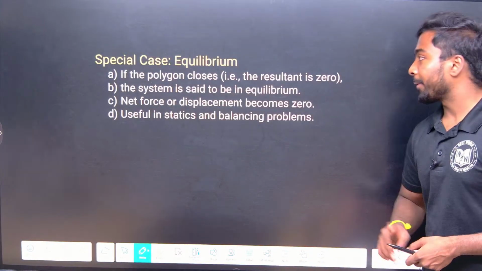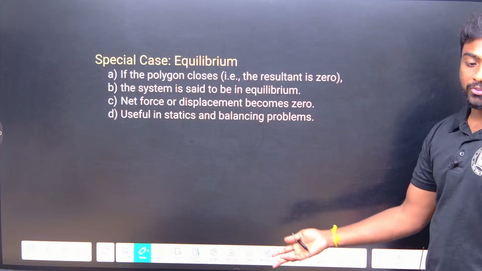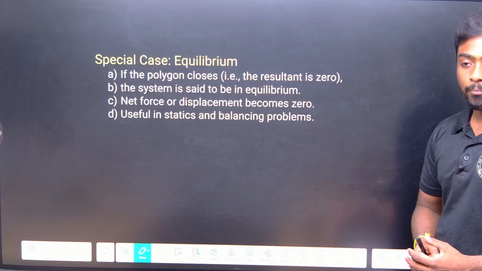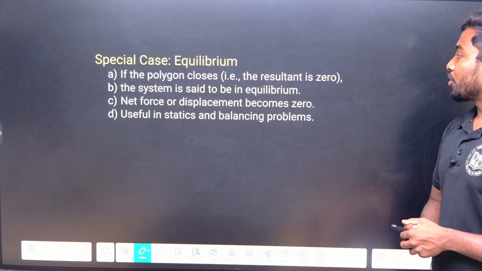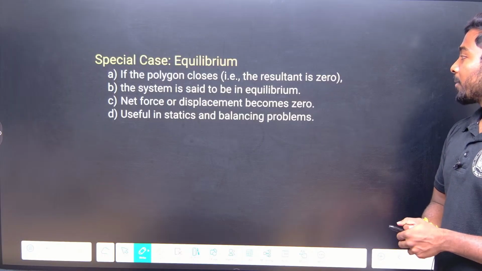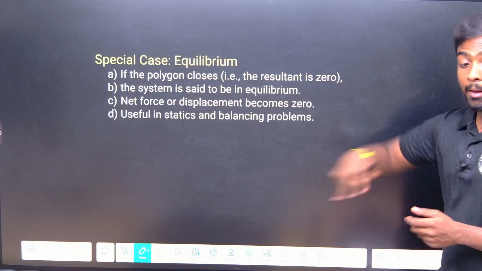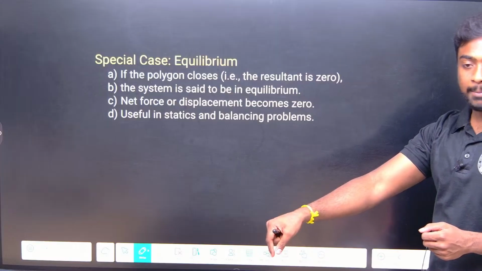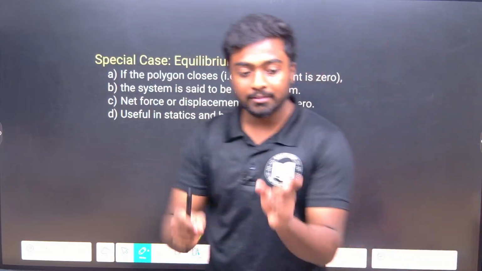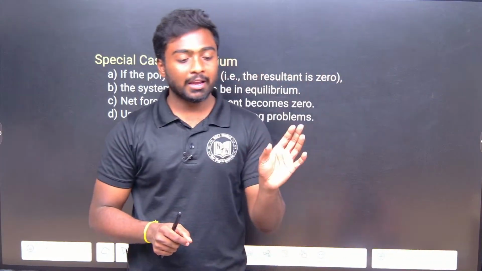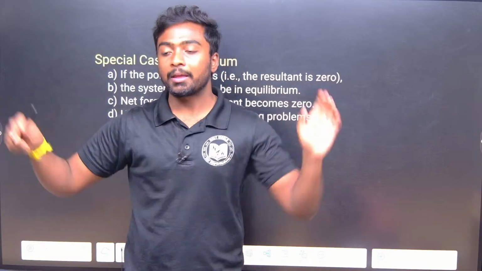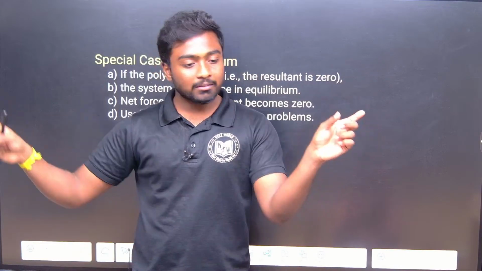Special cases, equilibrium condition. If the polygon is closed, that is the resultant is 0. Right now the system is said to be in equilibrium, net force or displacement becomes 0. I am coming to the same point, na. Displacement is nothing but the shortest path. Whether I am traveling from this point to A point to B point, some distance will be there.